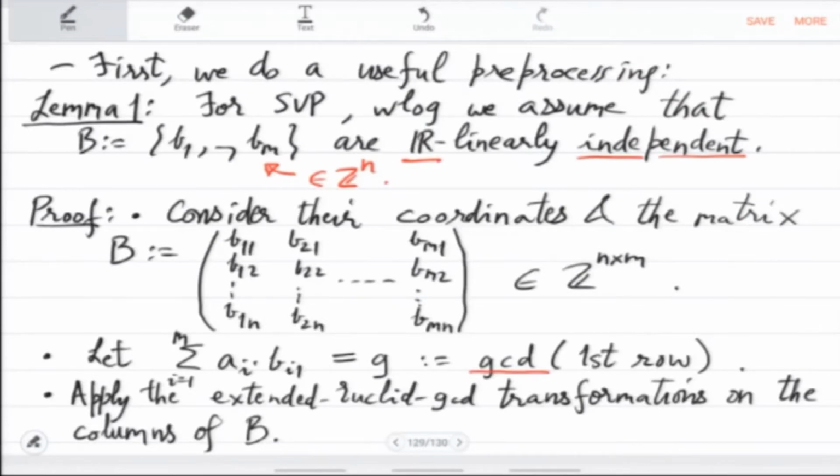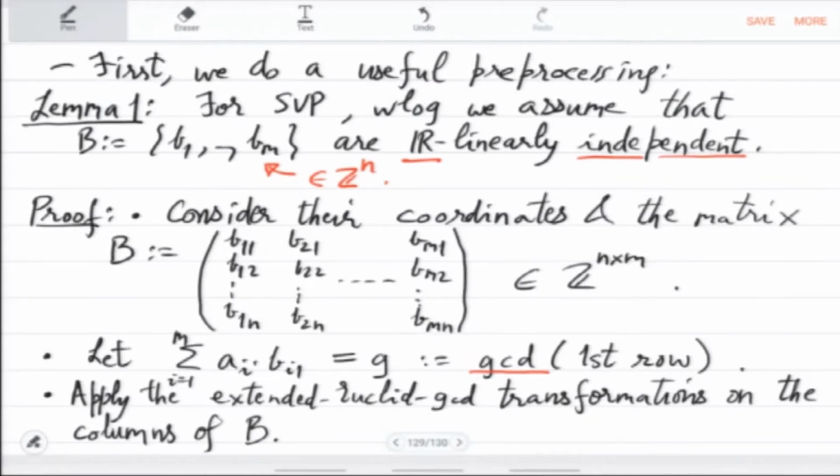For example, if B11 is smaller than B21, then you compute the quotient of B21 divided by B11, multiply that quotient with B11 and subtract it from B21. Do that operation, and you get a remainder and you have B11. Then you divide B11 by the remainder, multiply by the quotient, take the difference. Keep on doing this.